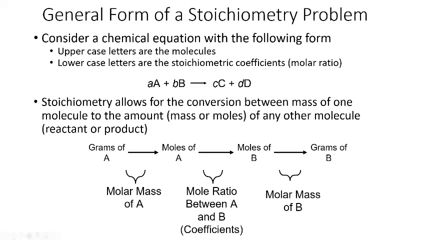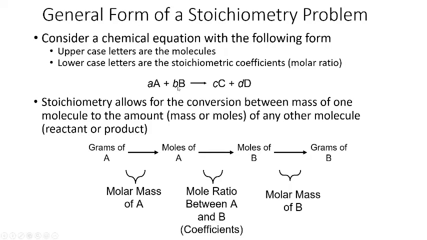For any of these problems, you can write a flow chart of the types of conversions that we go through. If we start off with a number of grams of A, and we want to convert to number of grams of B, we cannot directly convert between the mass of one molecule and the mass of another.